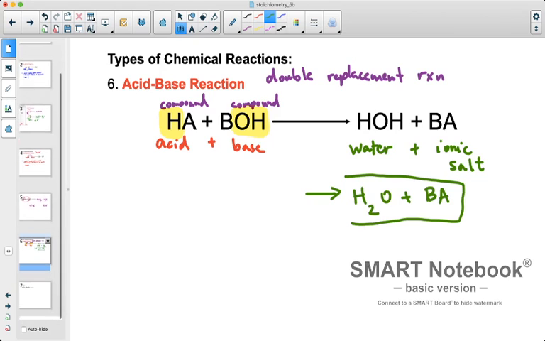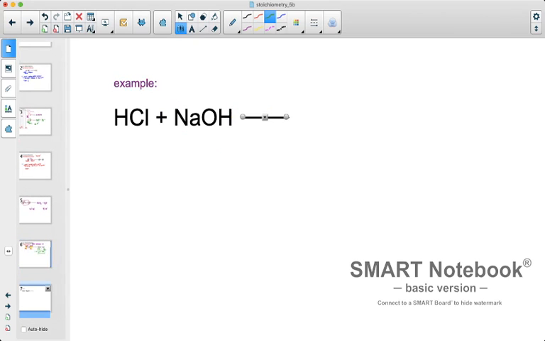So let's take a look at an example. I have HCl and I have NaOH. So if I didn't know, I can tell you right now, this is an acid. It's got the H in the front. And NaOH, that's my base. Now, since it's a special type of double replacement reaction, all I'm doing is trying to replace the metal with the metal.